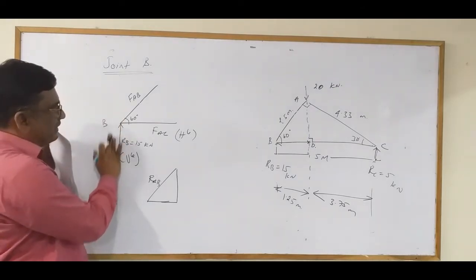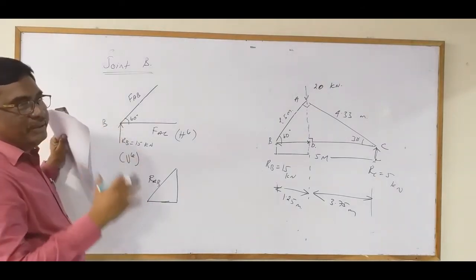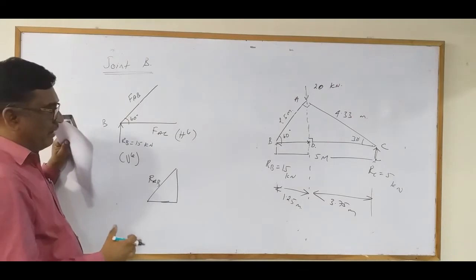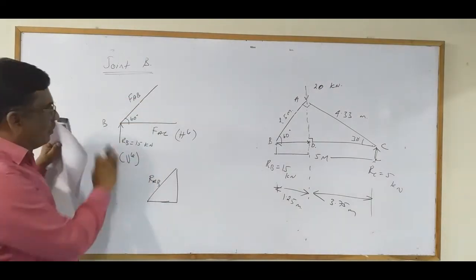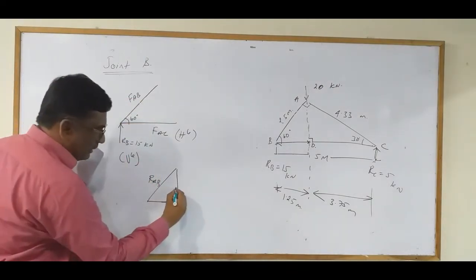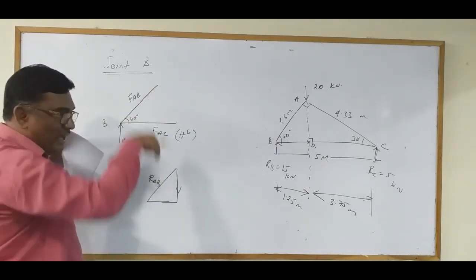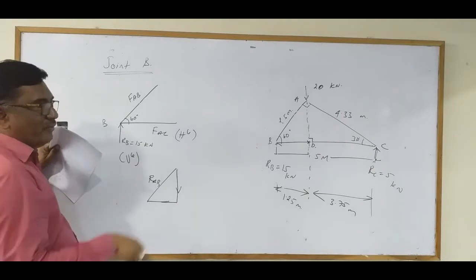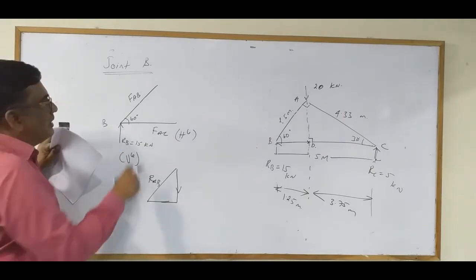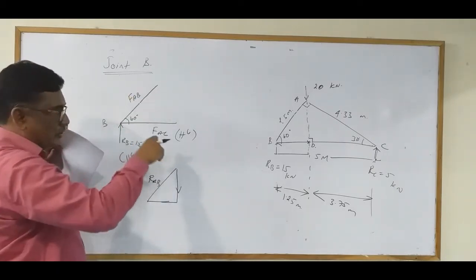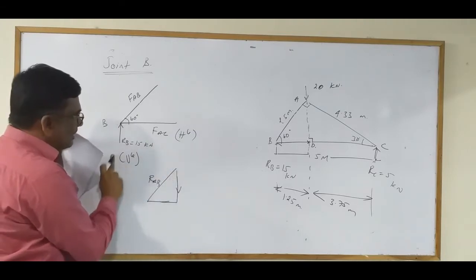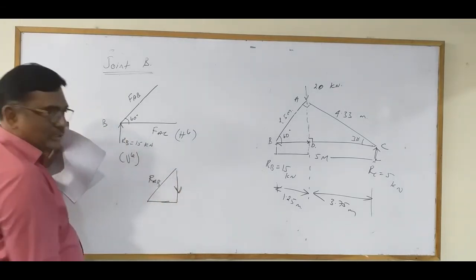One upward force is acting here. It is to be resisted by another downward force. A downward force is possible only in this member. So mark this as upward, and mark here like this.